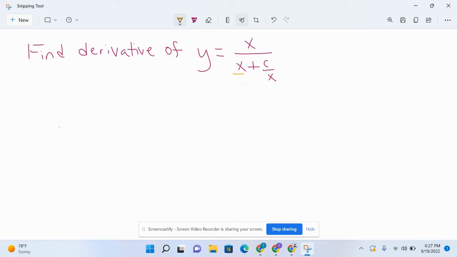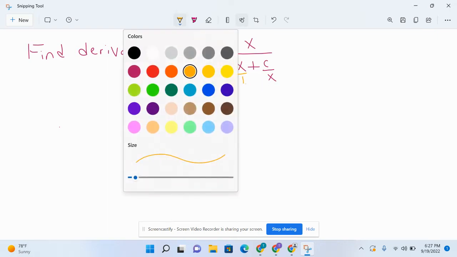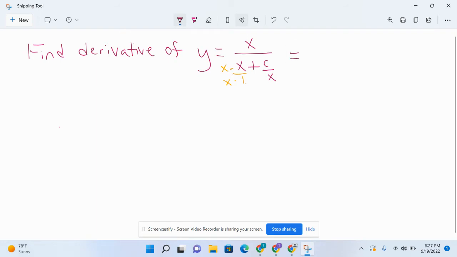Like I could think of x as x over 1, and then I could multiply the top and the bottom here by x. So that would give me a common denominator of x on the bottom. Okay, so I would have x on top, and I would have x squared over x plus c over x on the bottom.